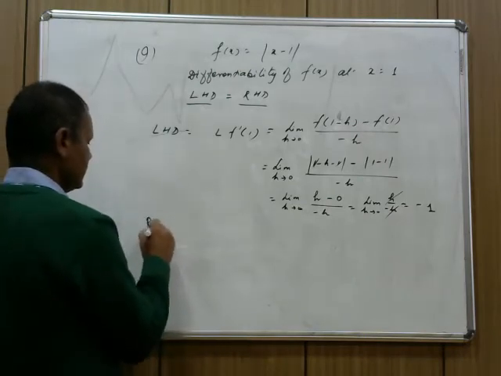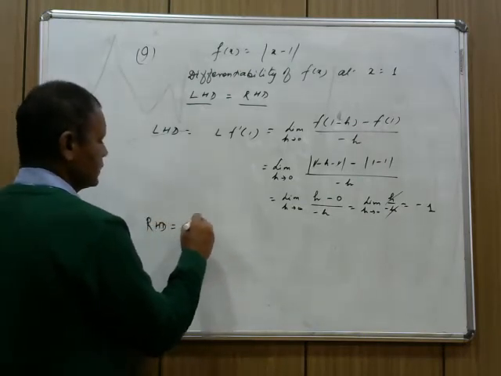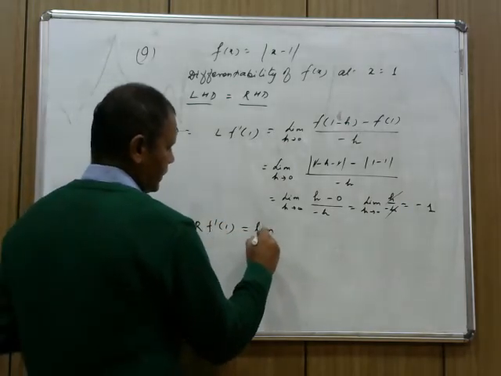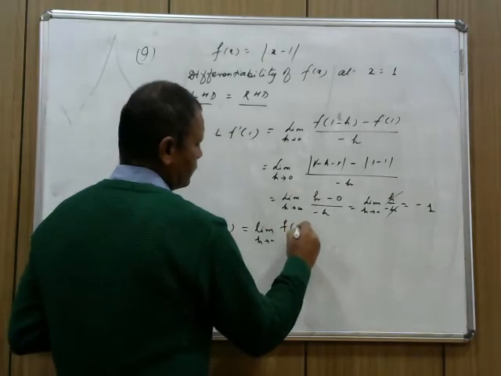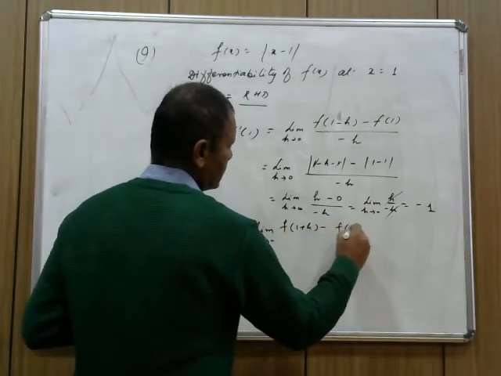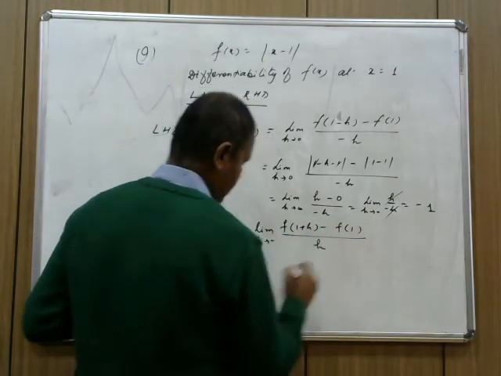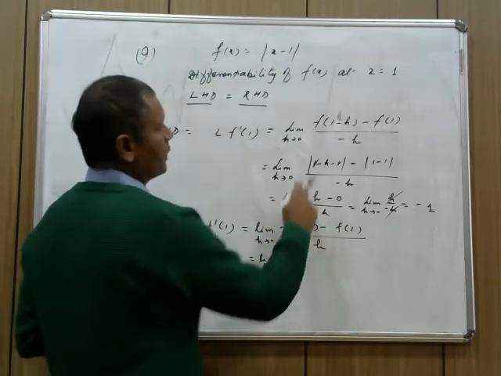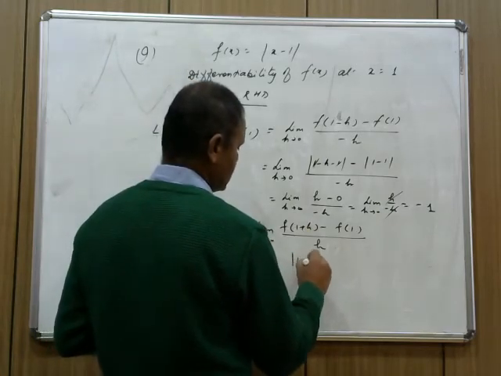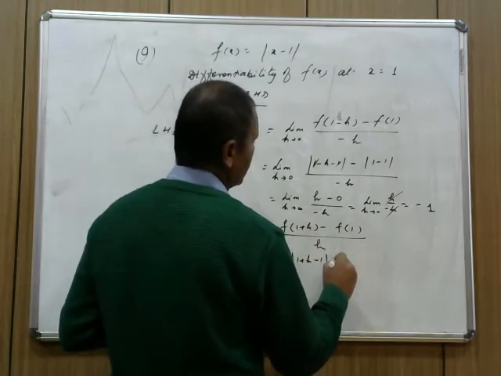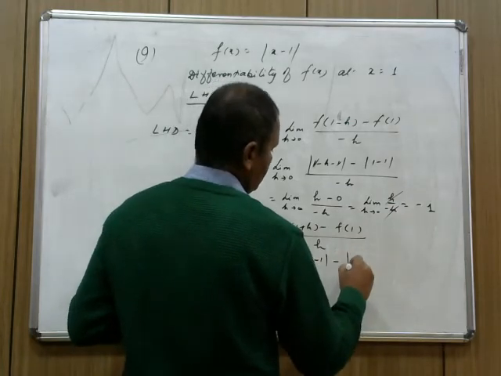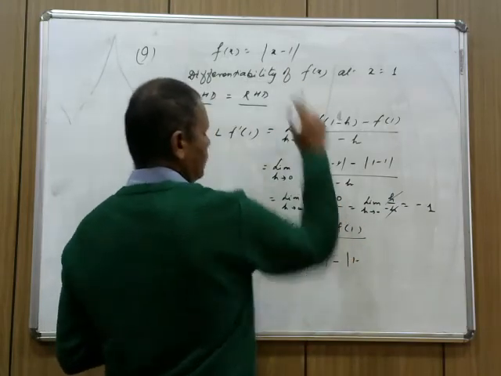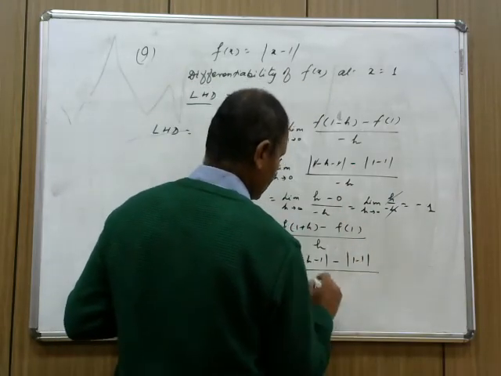Now the right hand derivative, R f dash of 1, is equal to limit h tends to 0, f of 1 plus h minus f of 1 upon h. Now this is equal to limit h tends to 0, f of 1 plus h is mod 1 plus h minus 1, minus f of 1 which is mod 1 minus 1, whole divided by h.